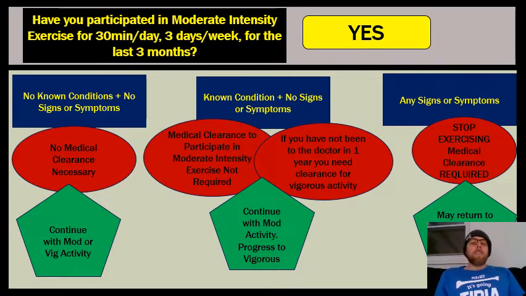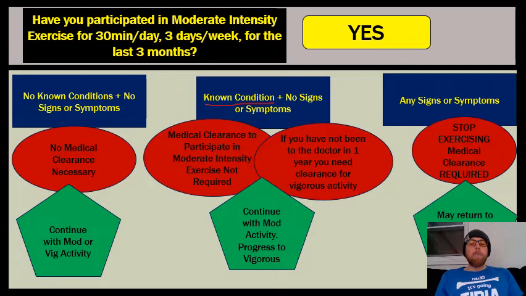Then we go to the middle and things get a little bit more complicated. Their doctor has said they do have a known condition. They've been diagnosed with cardiovascular disease, type 1 or type 2 diabetes, or maybe some problem with their kidneys. But they're not showing any signs or symptoms. They have been exercising.